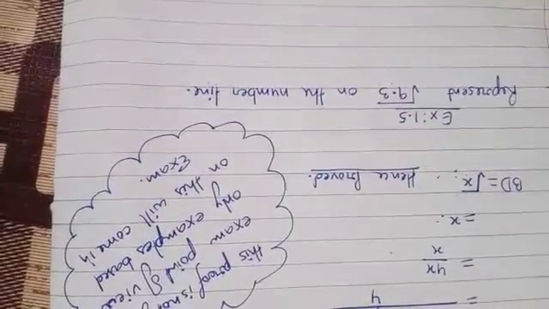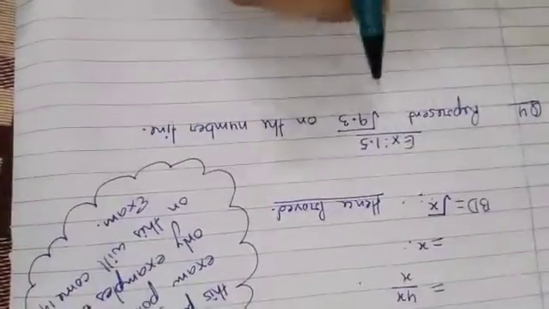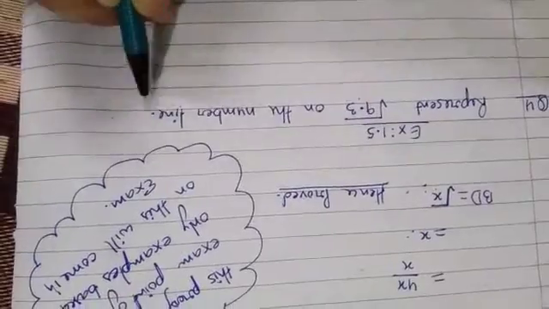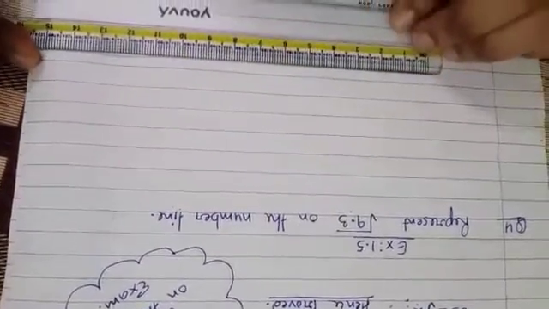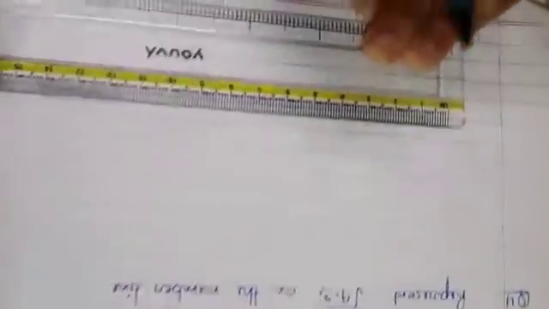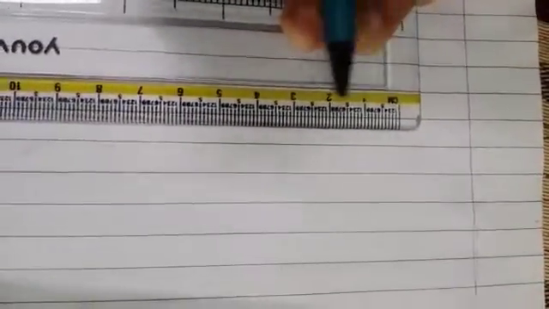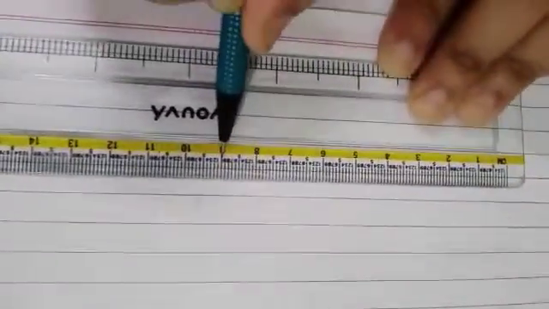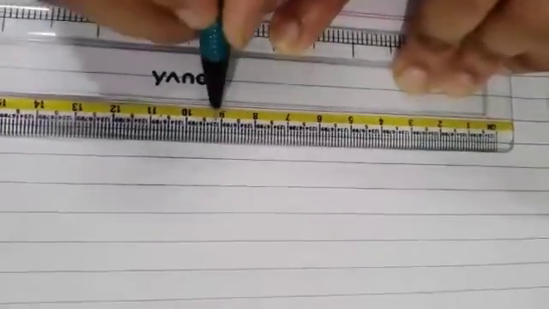Now see children, suppose I have to represent root 9.3 on the number line. So as in the above, first of all I will draw a line segment of the length 9.3. See, here it is 0 and here it is 9, and 9 के बाद मुझे 0.3 तक लेना है.